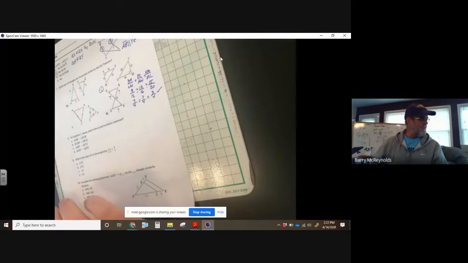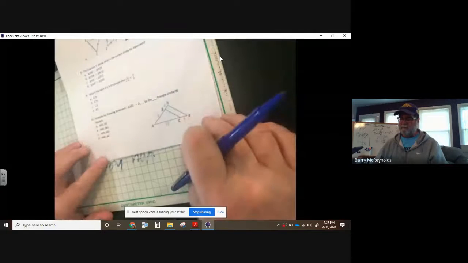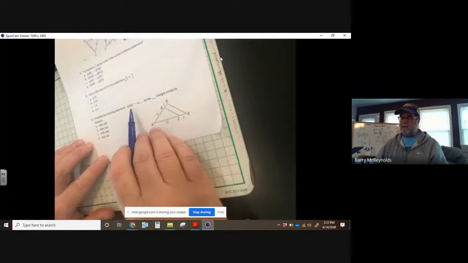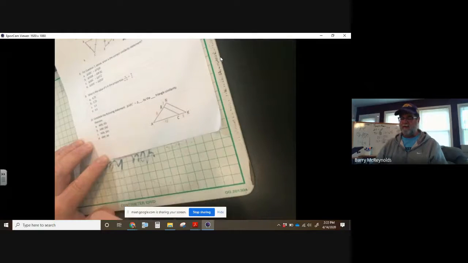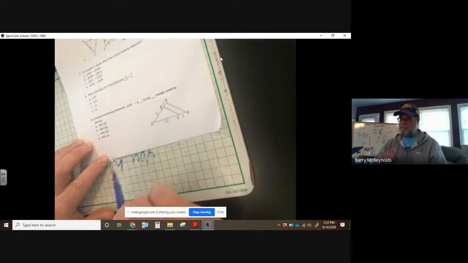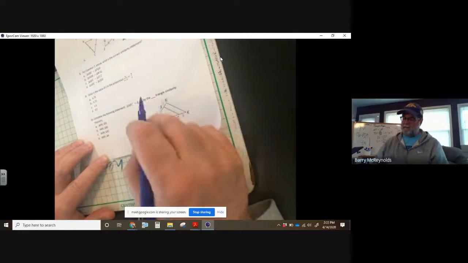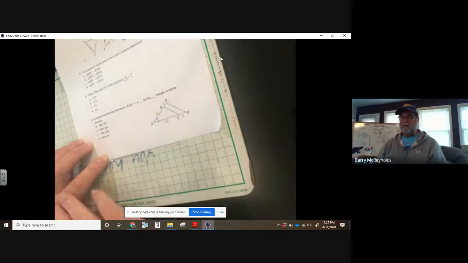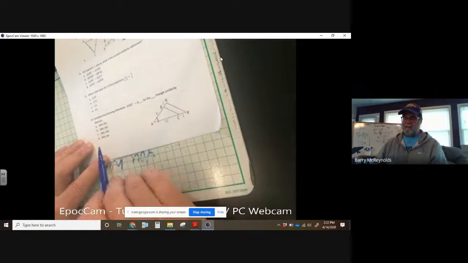Okay, I've got one more example and then I'll be done. Look down here at number 10. We're going to complete the statement: triangle ABC is similar to some other triangle using which similarity theorem? Okay, so ABC is the small triangle. This is a composite triangle here, and these two both share angle A. So I'm thinking that it's either angle-angle or side-angle-side.